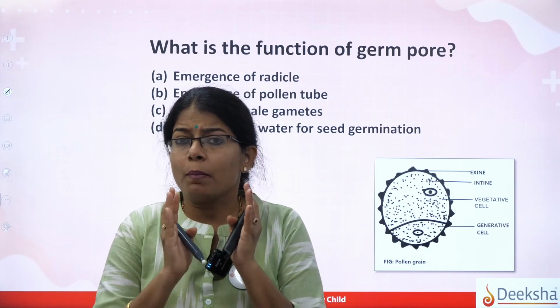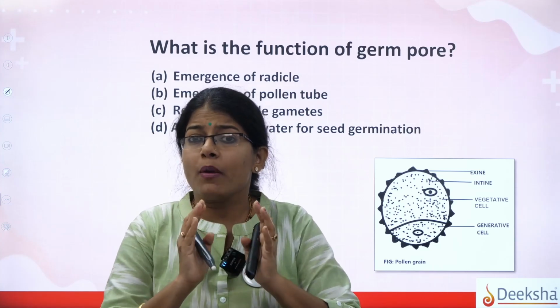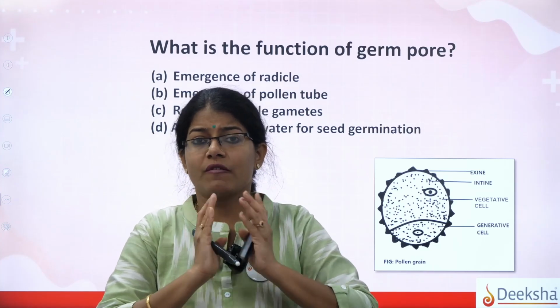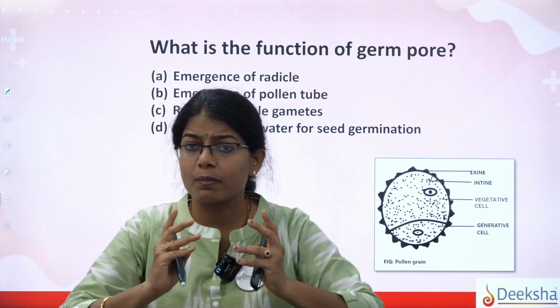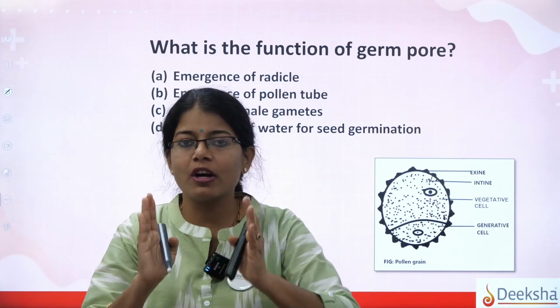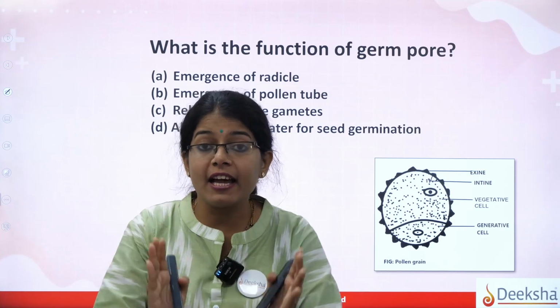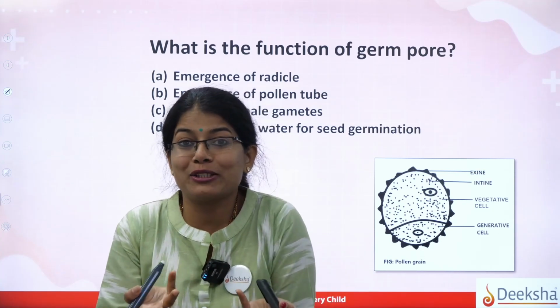So don't you think so? Pollen grain should be designed in such a way that it is well established and sufficient, and cannot be damaged so easily when exposed to the environment. And God is really great. He has designed the entire pollen grain in such a way that it cannot be destroyed so easily.